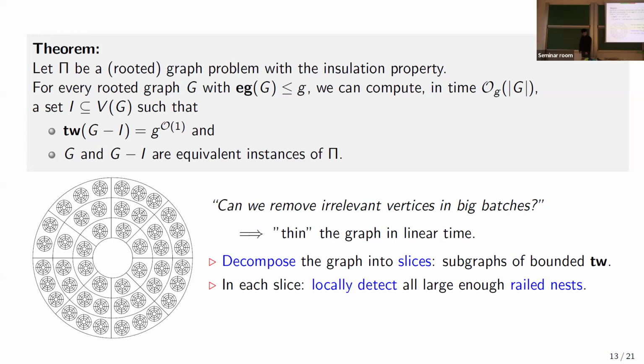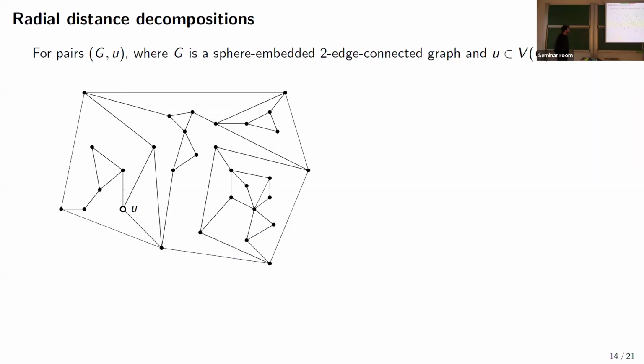Okay, how do we do it? The first tool that we use we call the radial distance decomposition. It is a concept that seems natural, but we didn't find it in this way in the literature. But anyway, let me explain what it is.